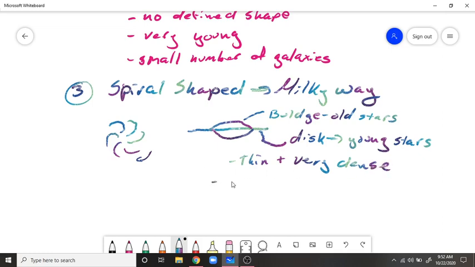And it rotates very fast. If we are looking at this from the top, this is the old, and this is the young.